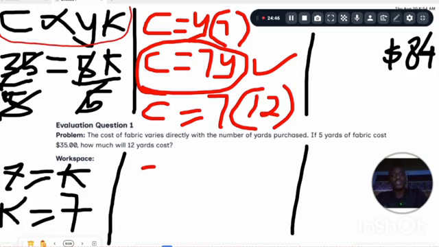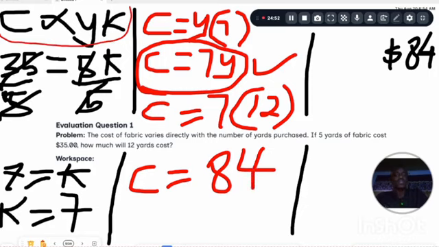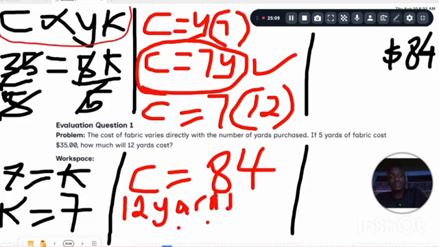So when you multiply it, C is equal to 7 times 12, which is 84. So the cost of 12 yards, 12 yards will cost $84.